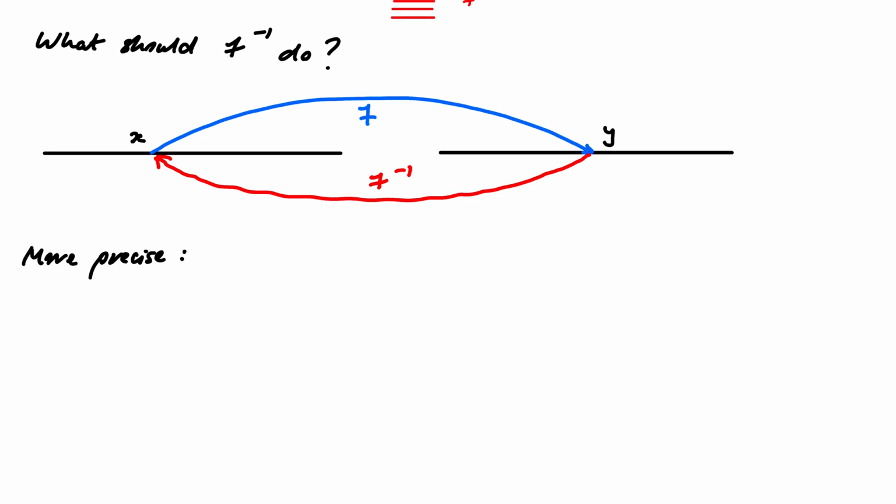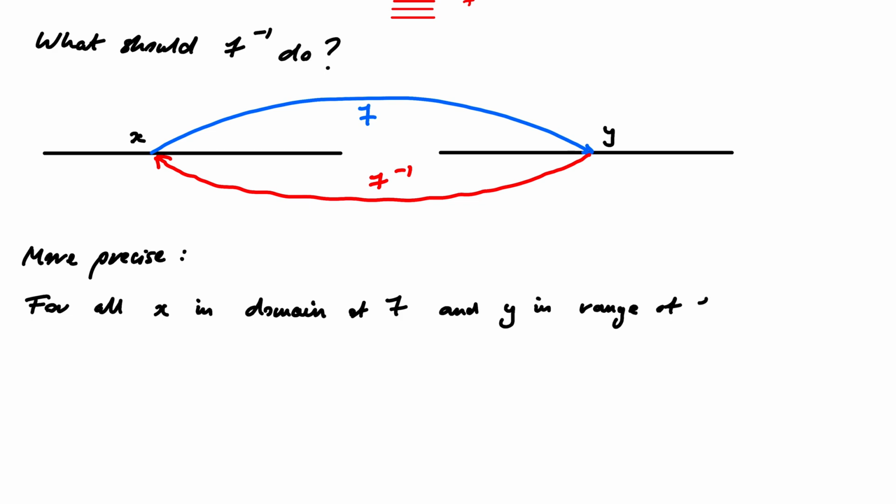So what I think we're trying to get at is for all x in the domain of f, I suppose, and y in the range of f, well, if f of x is equal to y, this should be if and only if f inverse of y is equal to x.